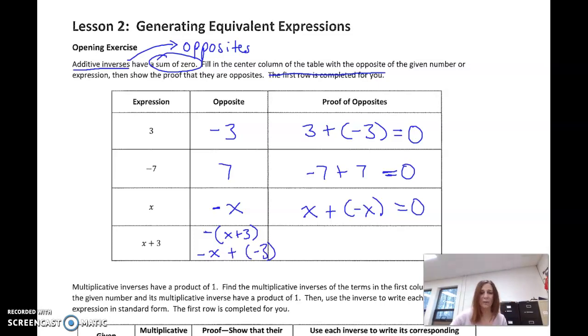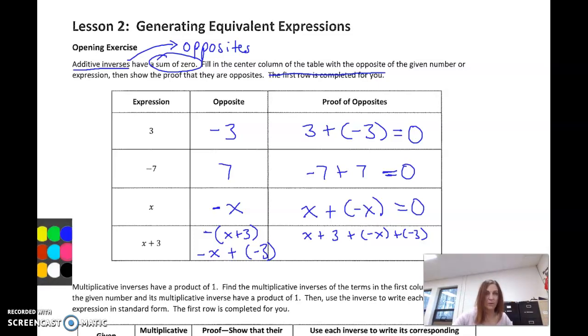So if I add it together, I want to write it this way. If I have x plus 3 and I add that to the opposite of x, or negative x, plus the opposite of 3, or negative 3, how do we simplify that? Think back to the other assignment that we just did. We can change this order, right? The commutative property says we can change the order.